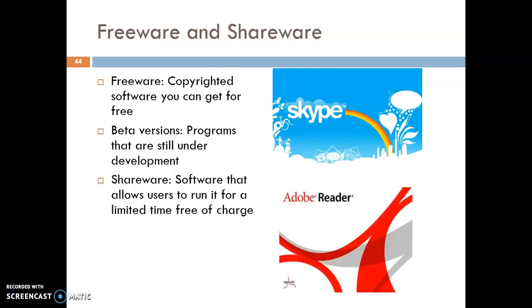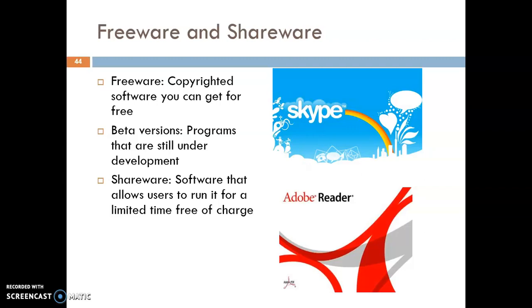Okay, freeware and shareware. Freeware is any copyrighted software that you can use for free. Some software developers offer beta versions of their software free of charge. Beta versions are still under development. By distributing a free beta version, developers hope to have users report errors or bugs they find in a program.